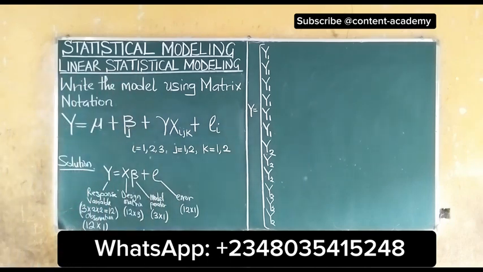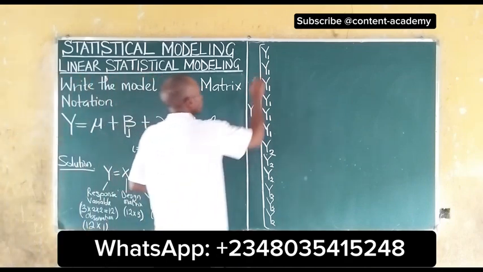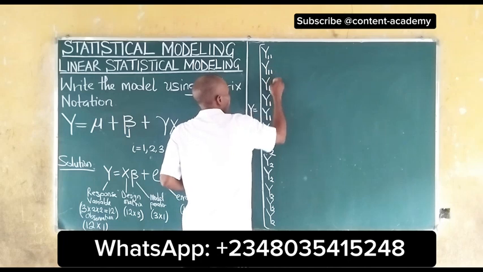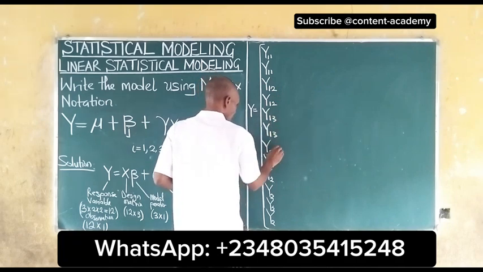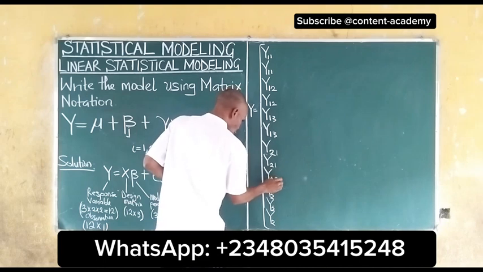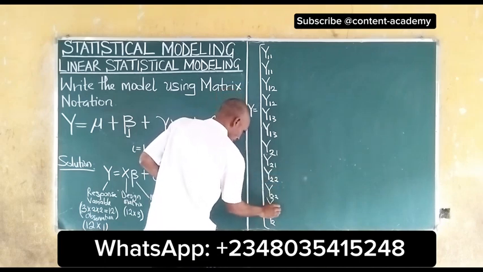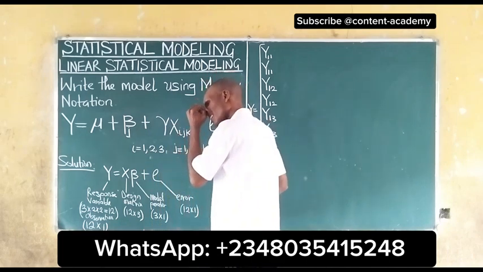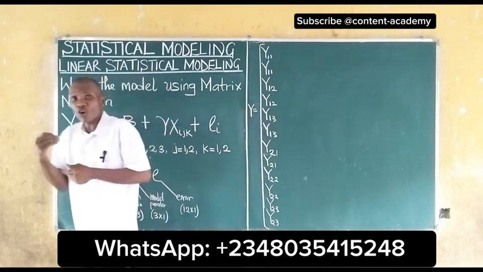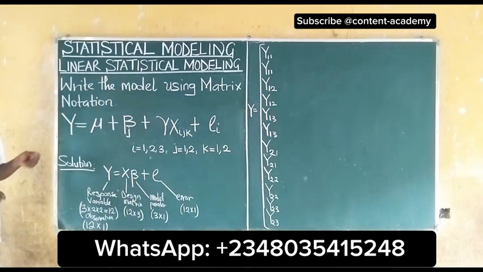Now, the next thing you do is 1, 1, 2, 2, and 3, 3. You start again: 1, 1, 2, 2, and 3, 3. Now, how do you compute the next one?